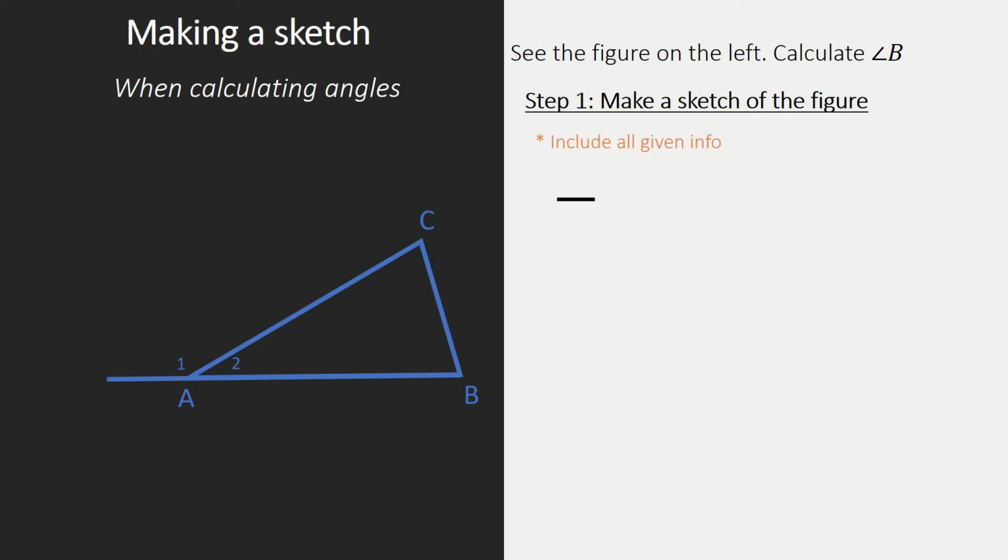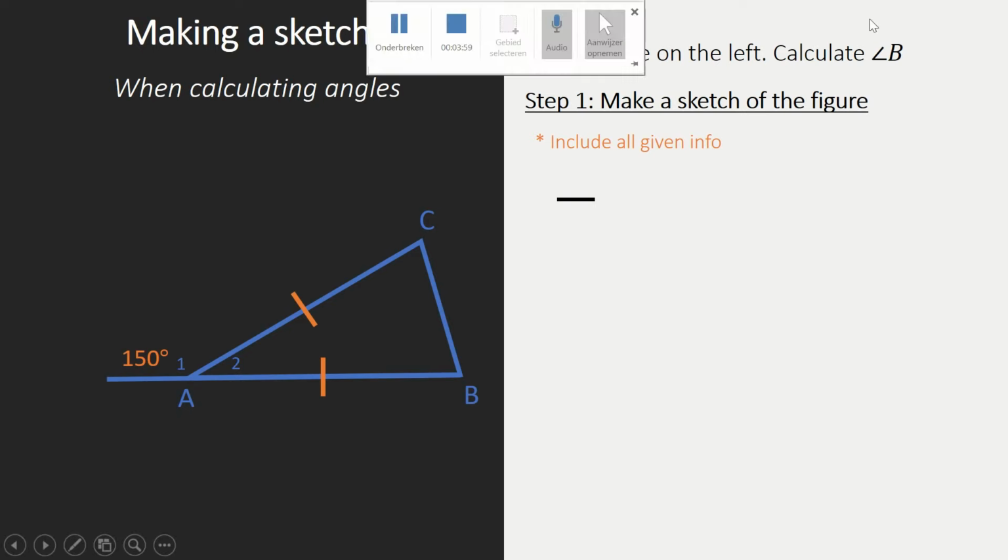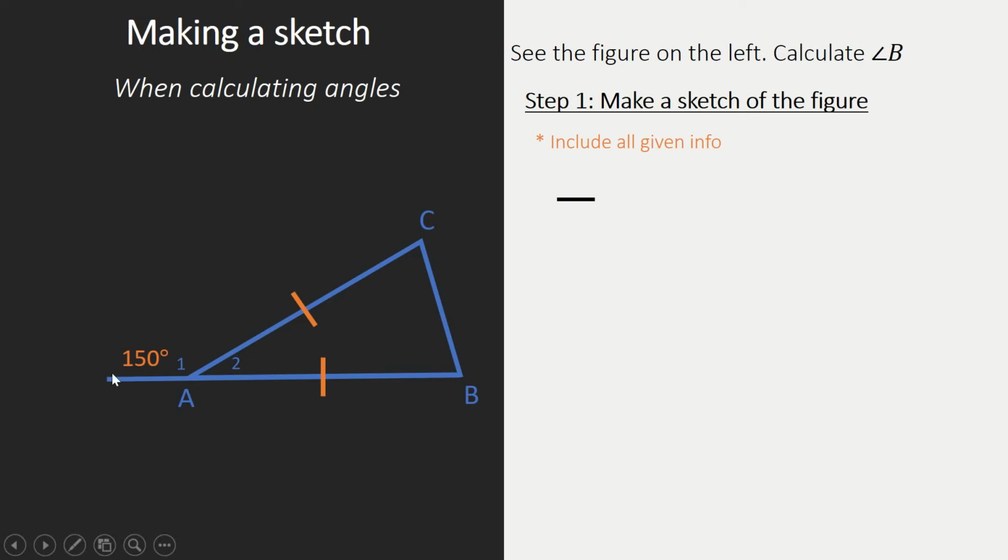You need to include all the info that is given. And the 150 degrees was already given, and this is already given as well. You can't see it over here, but this is the info that is already given to us to help us. Now we need to include all the extra things that we know.